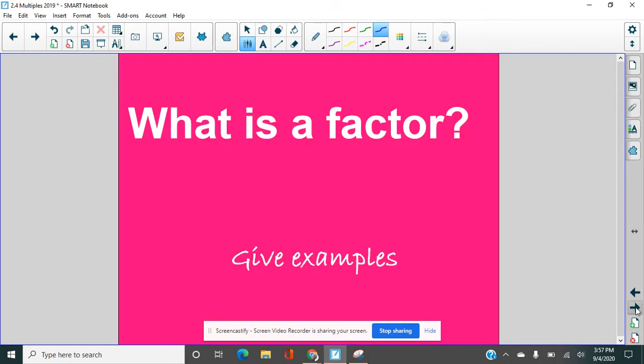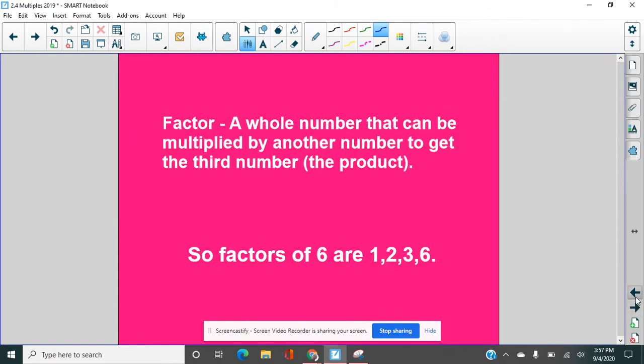So, first question, what's a factor? That was in our last lesson. A factor is a number that we multiply to get another number, right? So here's the definition: a whole number that can be multiplied by another number to get the product. So if we have 6, we could do 2 times 3 equals 6.